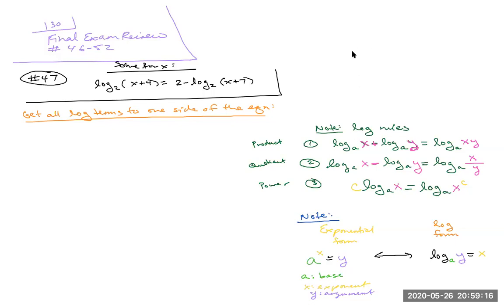So essentially the way to do that, you see how we have the subtract log base 2 of x plus 7 on the right side here? We're going to just add to both sides. So for this part, I will be a little bit more detailed. So we're going to add log base 2 of x plus 7 to both sides.